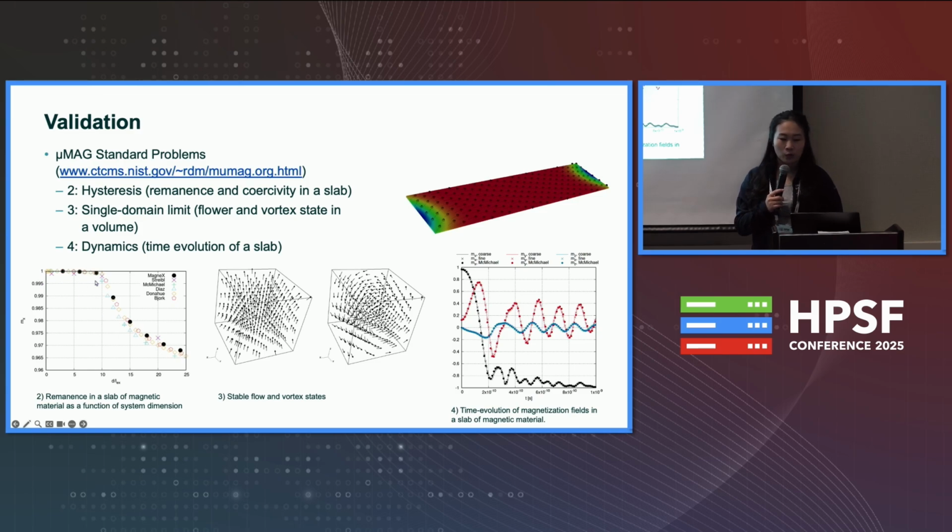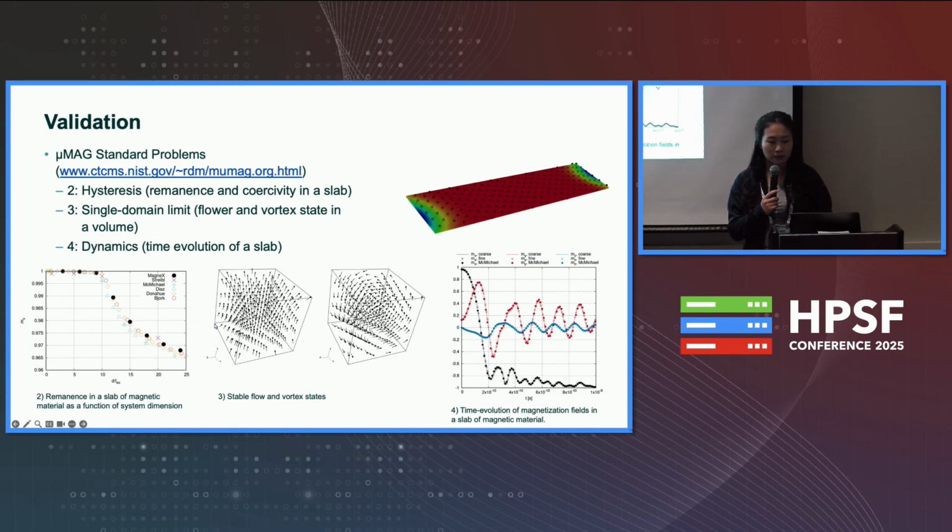So basically, we have a slab of magnetic material, and we apply a magnetic field onto the material, and we sweep the magnitude of the field. We measure the magnetization that's induced by the external bias. And we change the size of the material. So we get a curve of the remnant magnetization, and it's matching not only the theoretical result, but also other published micromagnetic solvers.